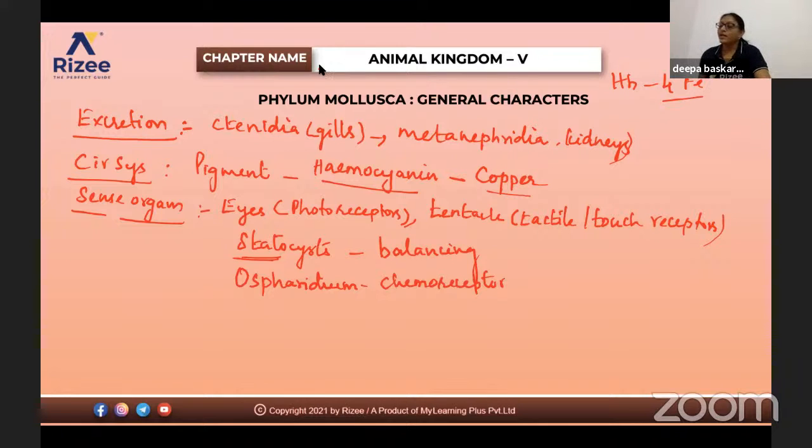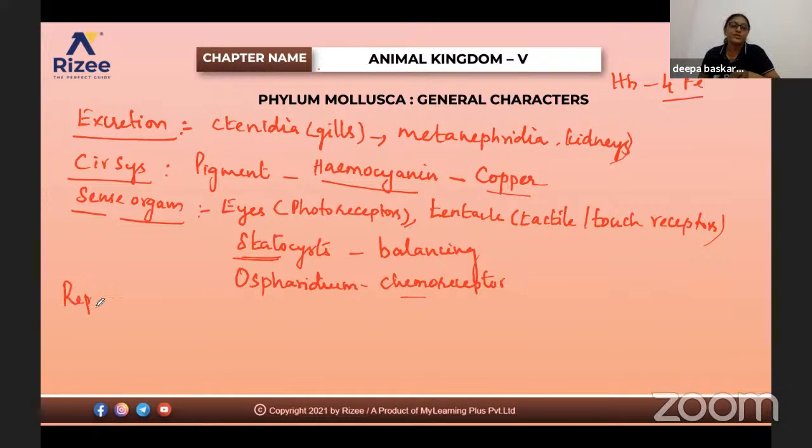These are the major sense organs you should remember: eyes act as photoreceptors, tentacles sense touch as tactile receptors, statocyst for balancing, and osphradium as chemoreceptor. Clear?